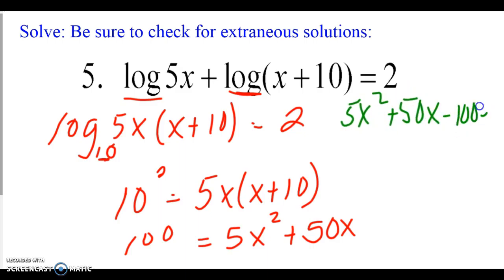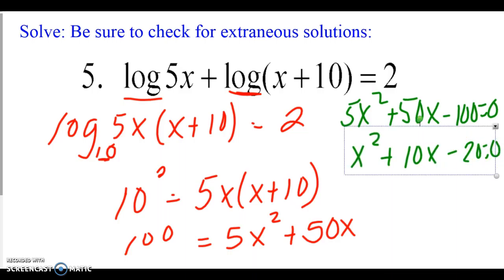Minus 100 when I bring it over. From here, I see it has a GCF, so I'm going to factor it out, and at this point, I need factors of 20 that get me 10.